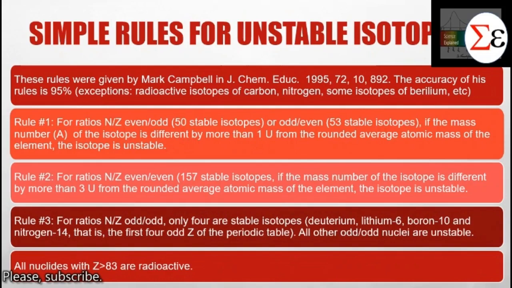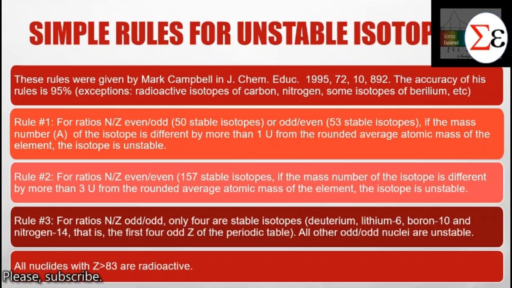Rule number 1: for ratios N over Z, even over odd, which has 50 stable isotopes, or odd over even, which has 53 stable isotopes, if the mass number A of the isotope is different by more than 1 u from the rounded average atomic mass of the element, the isotope is unstable.